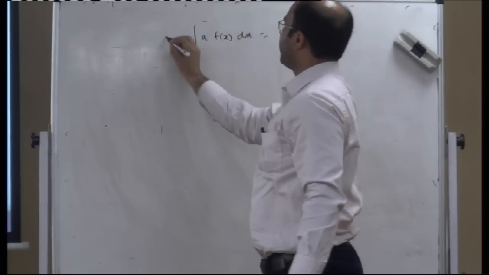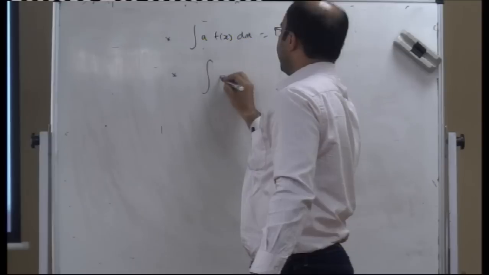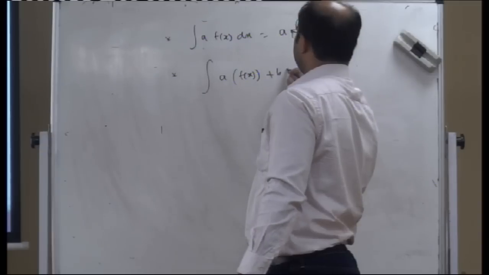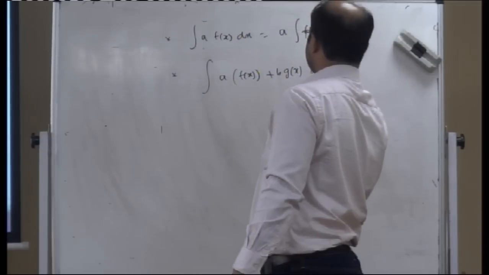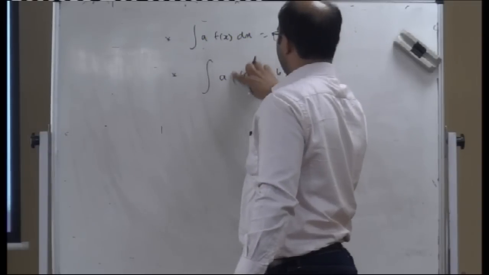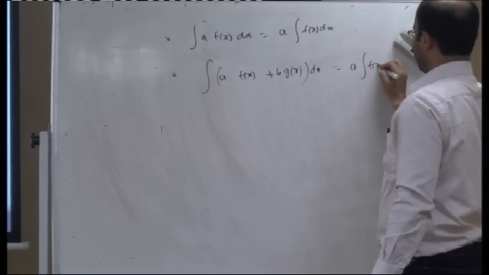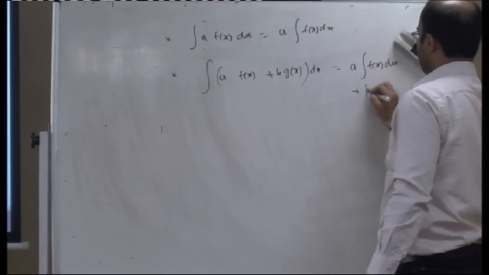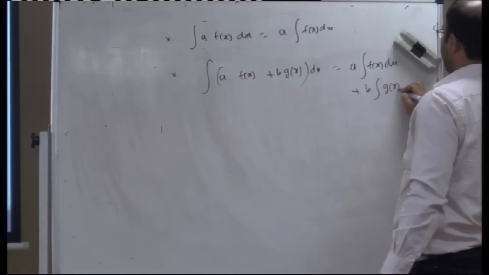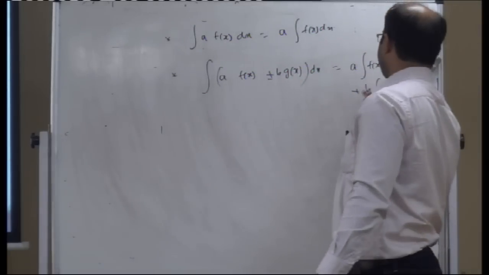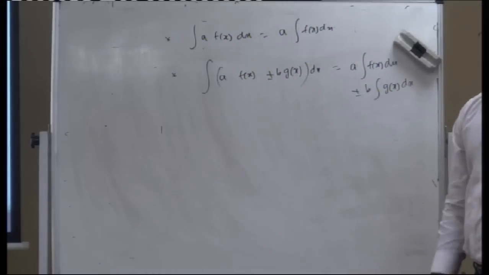You can also make another theorem: the integral of a f(x) plus b g(x) dx can be written as a times the integral of f(x) dx plus b times the integral of g(x) dx. A summation can also be split as it is. Even subtraction is also a type of summation, so you can split that as well.